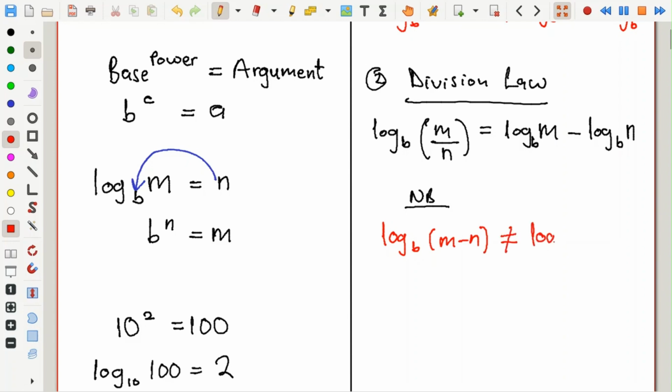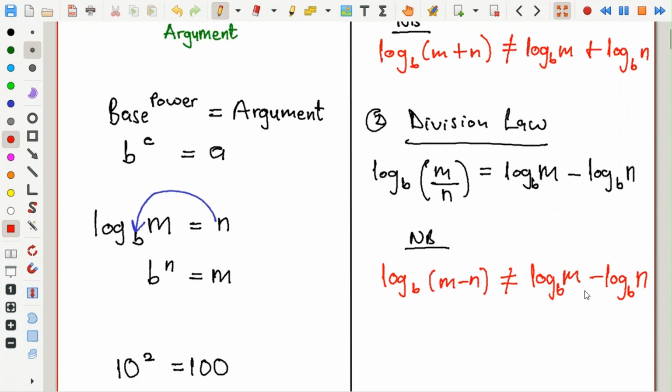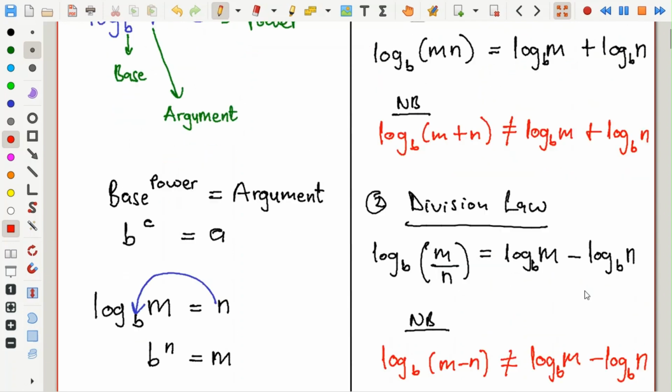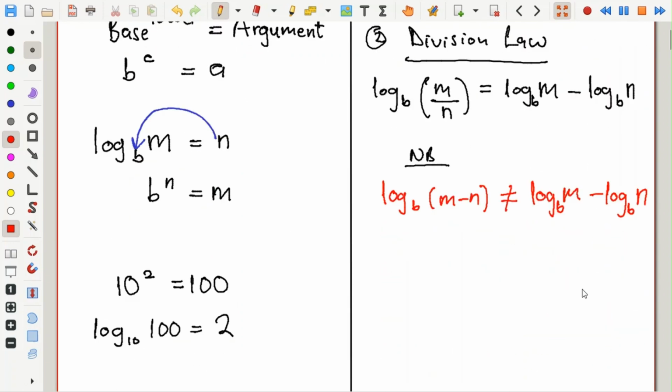It's not the same. Please, a lot of students make this mistake. It's not the same. So that's the division law. Let's move on to another one.